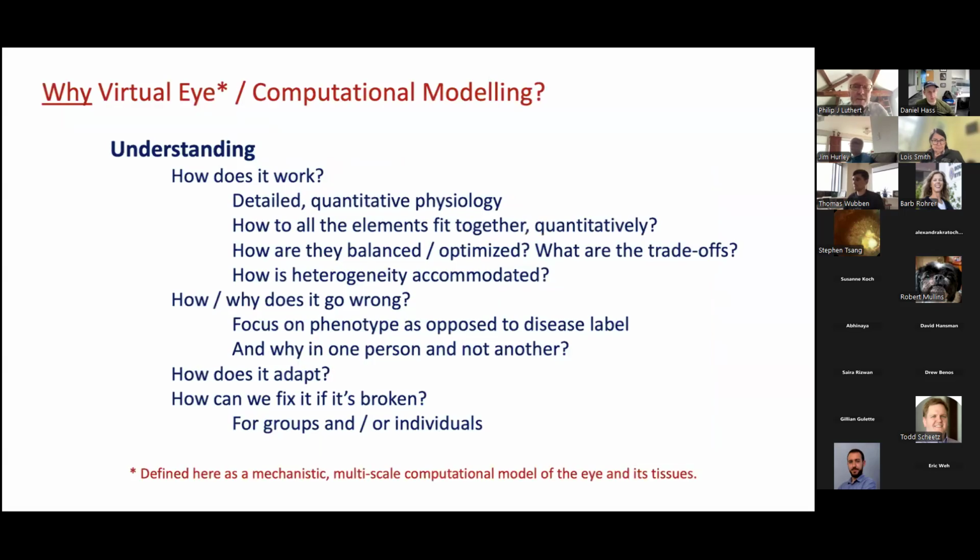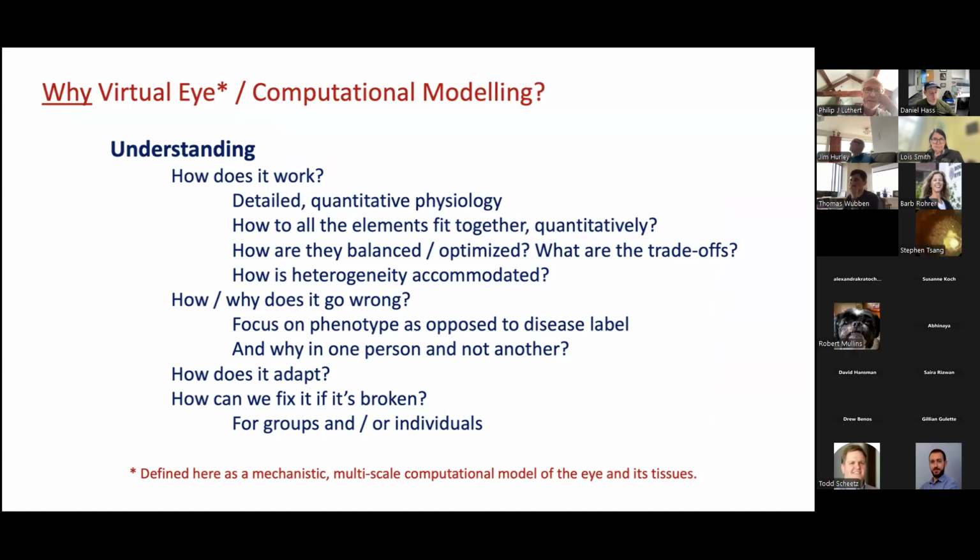And I think the main motivation, at least from my perspective, around computational modeling is to try and understand how things work. And in particular, how they fit together, how they are balanced and optimized. Probably won't be time to go into this, but I'm very interested in how heterogeneity is accommodated.